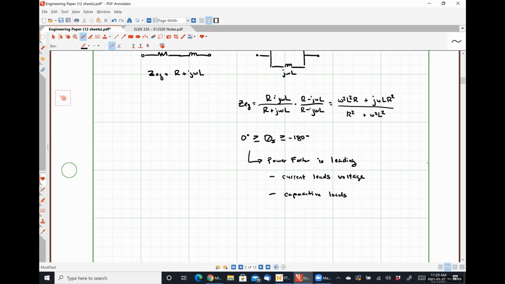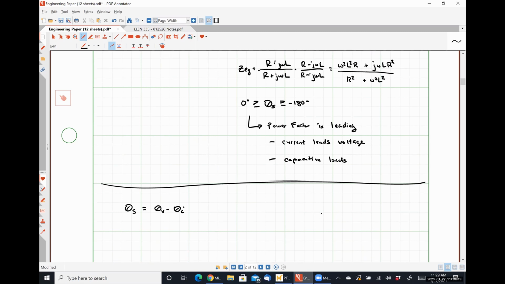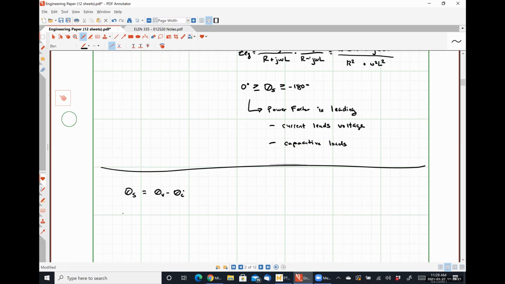And so the reason why we can do this is from the definition of the power factor angle, right? Theta s, our power factor angle, is by definition theta v minus theta I. Well, if we look at our definition for impedance, Z is equal to V over I, and it does not matter if I'm looking at this as an RMS phasor or a regular phasor.